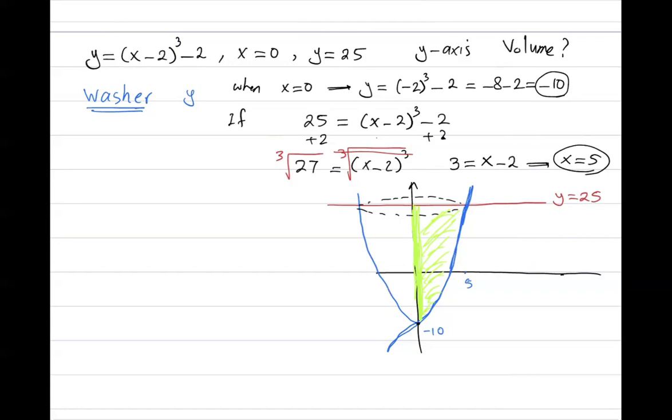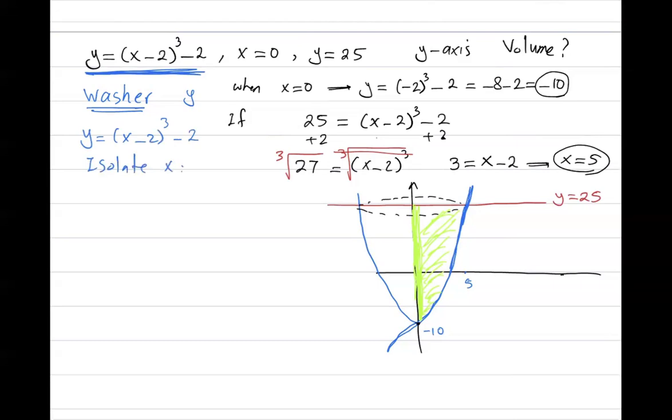So in order to use the washer method, we need to write everything in terms of y. But pay attention here. This function is not written in terms of y. It's written in terms of x. So since y is equal to (x minus 2) to the third minus 2, we're going to isolate x. This is our goal.